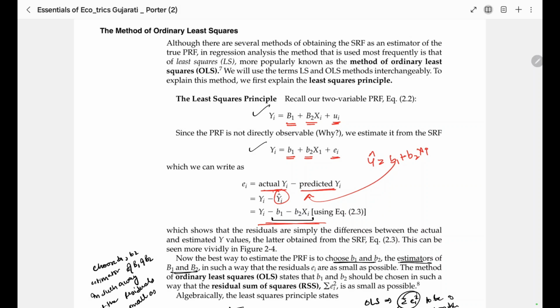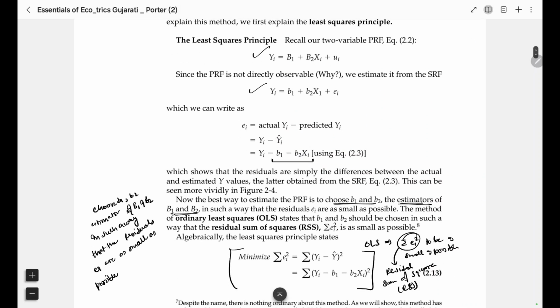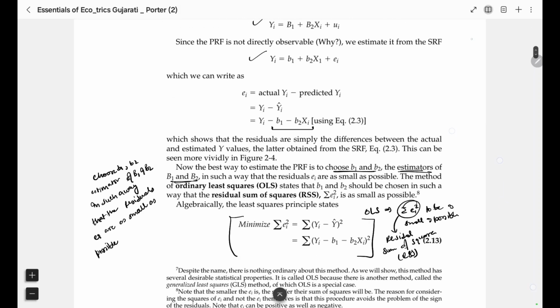Now we have to choose beta 1 and beta 2, the estimators of capital beta 1 and beta 2, in such a way that the residuals ei are as small as possible. We have to minimize this thing, keep this as small as possible.